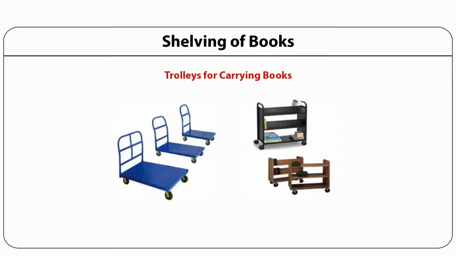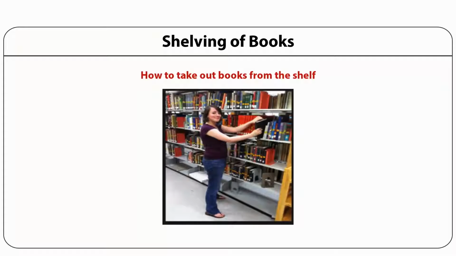Here you can see a range of trolleys available for carrying books. You can select any one of these. While shelving the books, it is made sure that all the books stand straight on the shelf by aligning all spines even with the edge of the shelf.